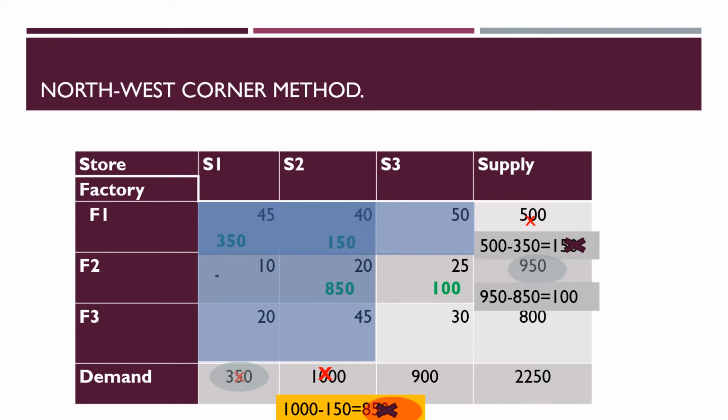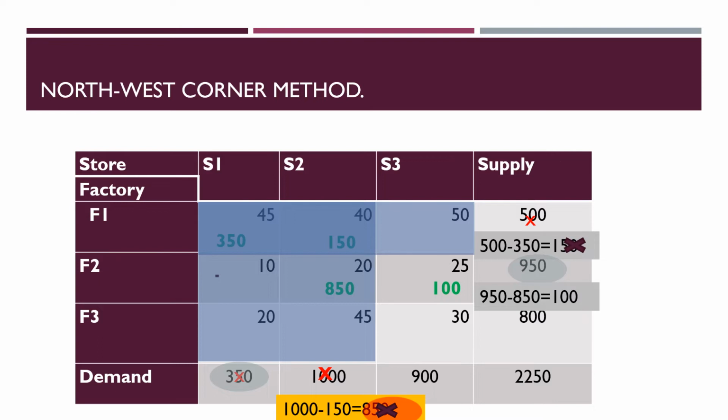Therefore, we cannot allocate any more to any particular cell. At the same time, all the supply from F2 is fulfilled. That is 850 to S2 and 100 to S3. Therefore, I will hide this cell as well.